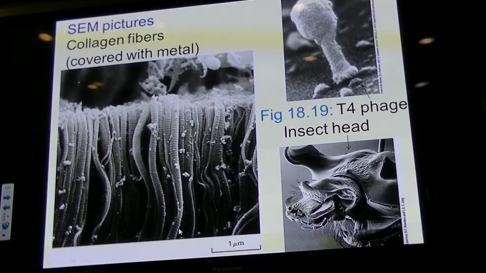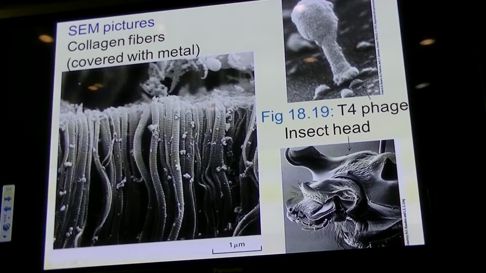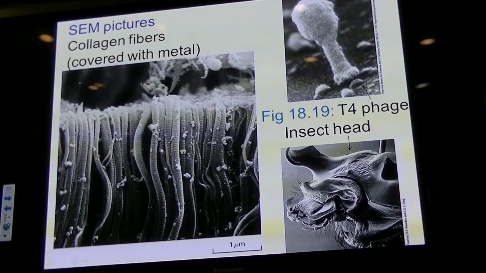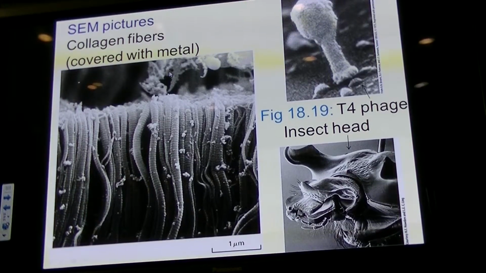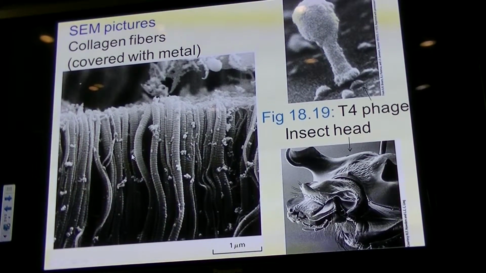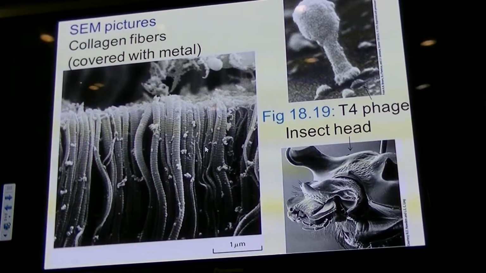You can see a very high resolution of these protein structures here. Kind of rings in there. You see some dirt on there even. So where was the detector for the collagen fibers? At the bottom, at the top? At the top. Would you think more to the right, more to the left? I think it's top right.